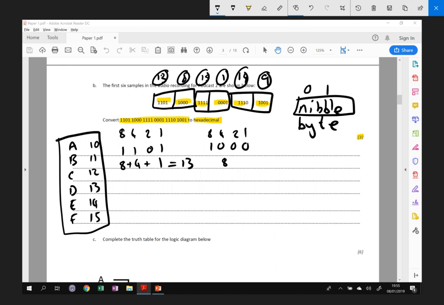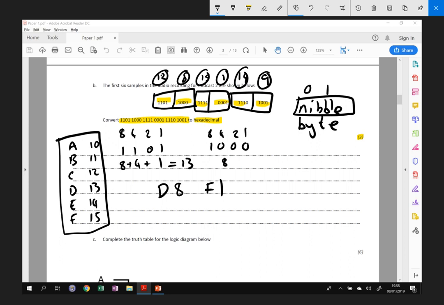Then we've worked out that 1101 is 13. So you look at your table and 13 is D. 8 is only 1 digit, so it's 8 in hex as well. 15 is F. 1 is only 1 digit, so it's the same in hex. Here, I can't read what I've written, so let's just double check.